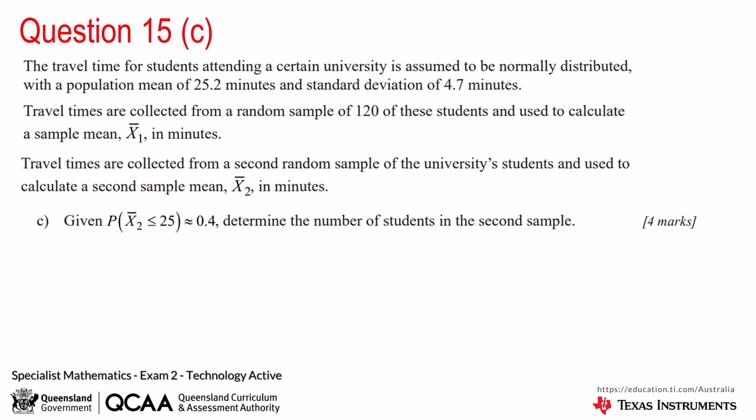Question 15C is worth 4 marks. We're told that travel times are collected from a second random sample of the university students and used to calculate a second sample mean, x2 bar, which is also measured in minutes.